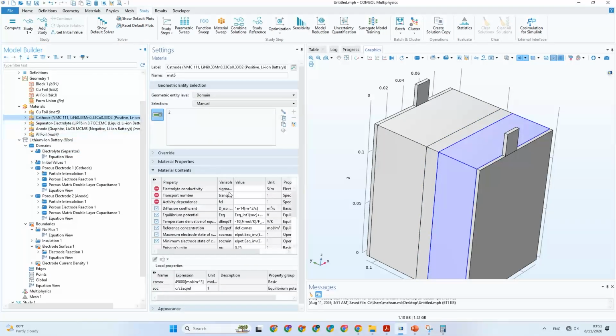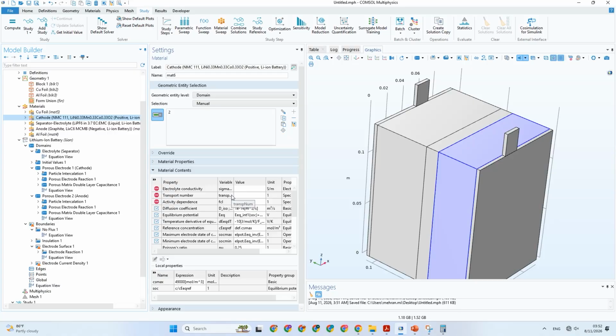In cathode we don't have it. I can define, for example, the conductivity. Oh, I have some parameters here.